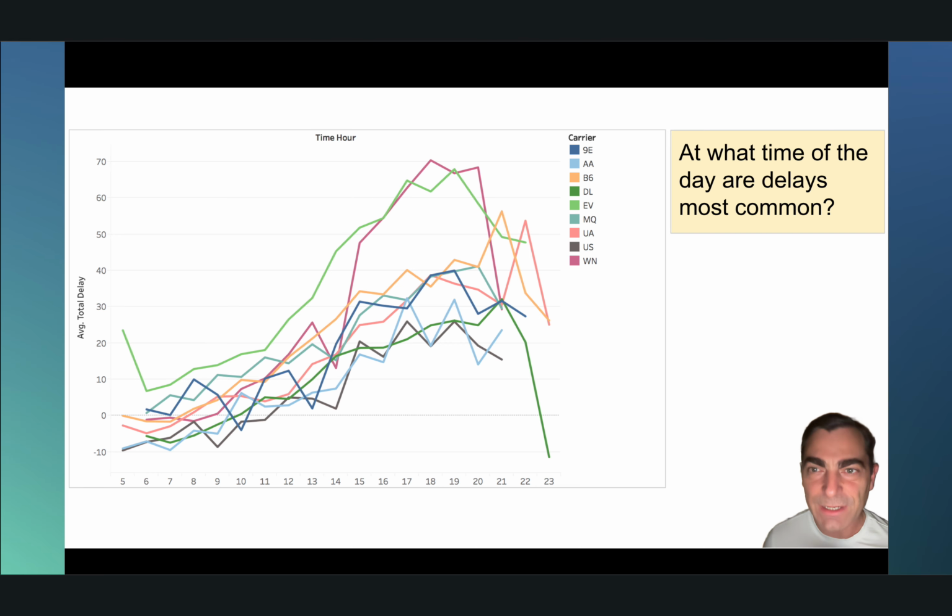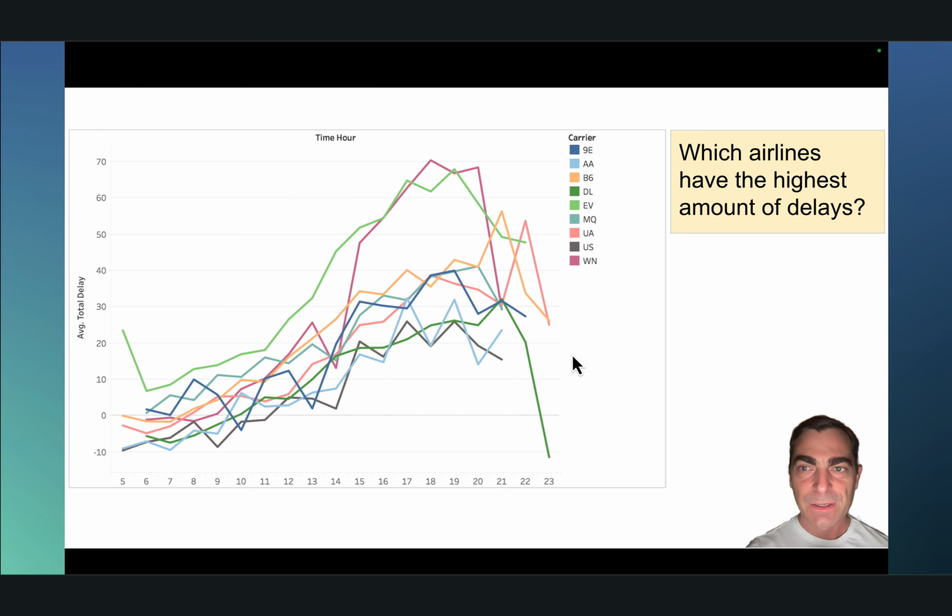So question 1, at what time of the day are delays most common? Well, now it seems pretty obvious, right? I can see that between 2:30 and 9, it's definitely the peak, for most airlines, except these two airlines here, which have peaks shifted to the right, so later in the day.